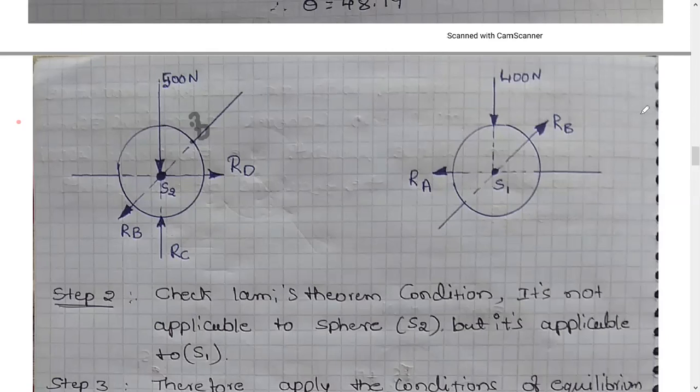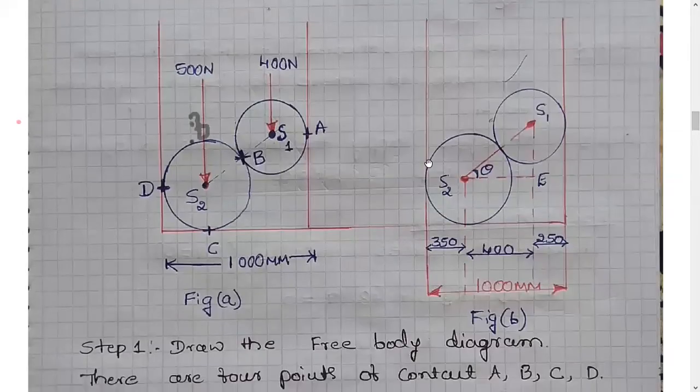Here you see, I will show in the diagram. This is the diagram where at point D there is a contact surface, so there is one reactional force. Here is another contact surface, so one more reactional force. And here from S1 to S2 there is one more contact surface, and there is a self-weight.